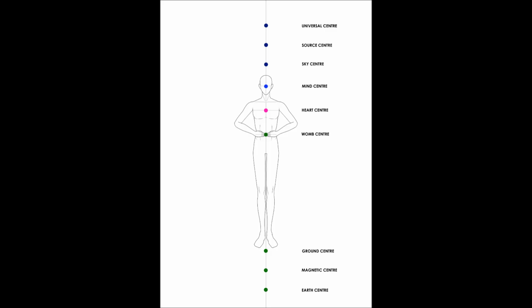Below it sits the heart center, which resides in the center of the chest. And beneath that sits the womb center, which is situated in the base of your body in the center of your belly.